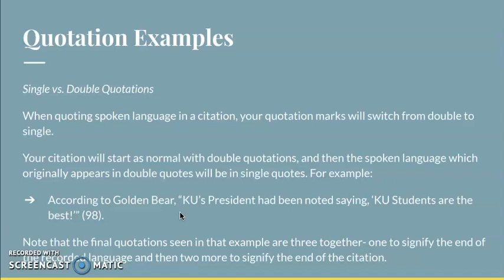And then inside your double quotes, "KU's president had been noted saying, 'KU students are the best.'" The best way I remember single quotation marks is a quotation inside a quotation. It's almost like a sub-quotation, and that's why you would use a different mark to indicate that it's another quote in a quote.